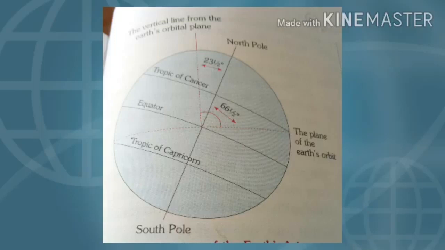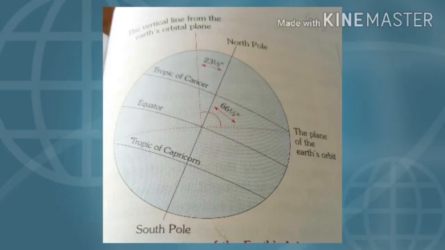The axis of the earth is tilted from the vertical line which passes through the center of the earth at an angle of 23.5 degrees, or 66.5 degrees from the plane of its orbit. Clear, children? Once again I'll repeat. The axis of the earth, which is an imaginary line, makes an angle of 66.5 degrees with its orbital plane.